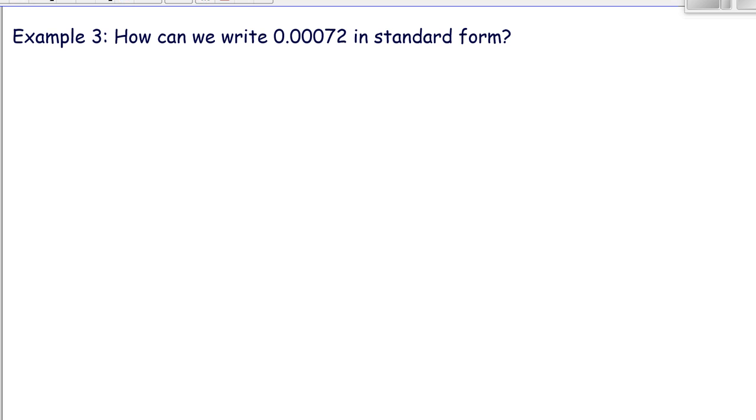How about when you have small numbers? So how can you write 0.00072 in standard form? What you're going to do is the same thing. Move the decimal to a number between 1 and 10.